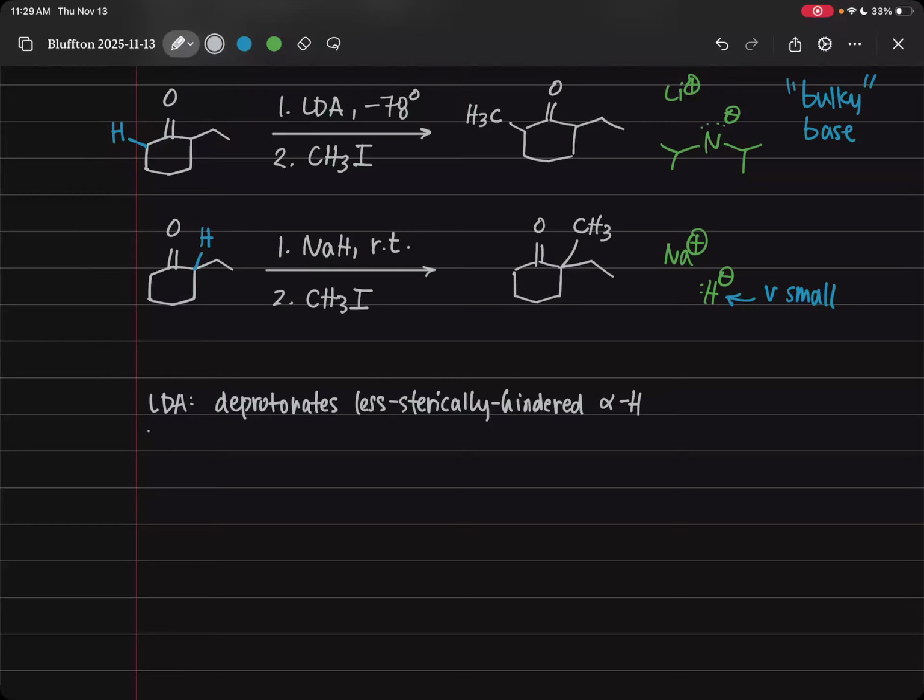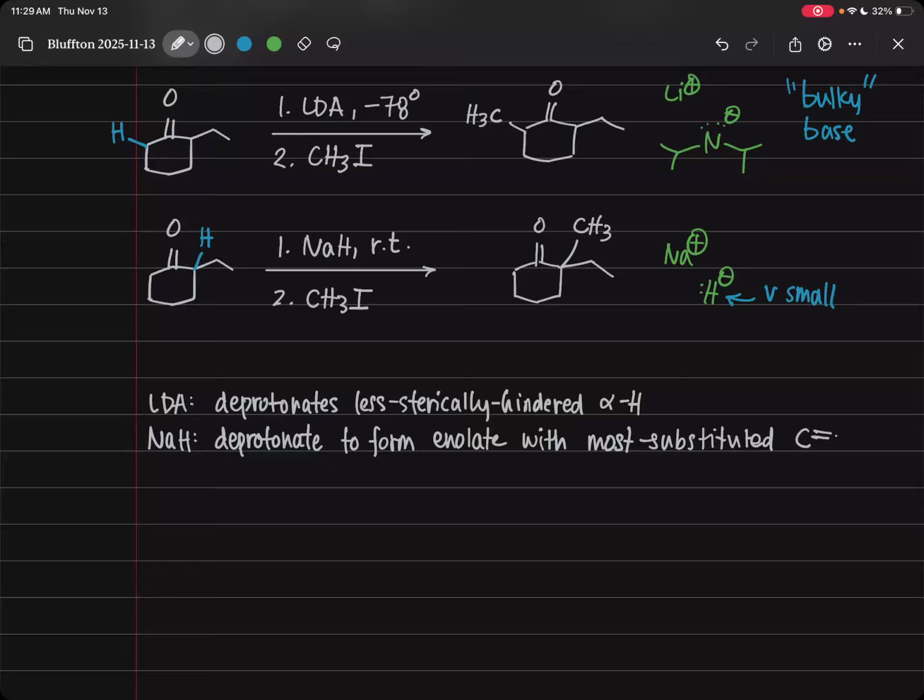Sodium hydride is going to deprotonate to form the enolate with the most substituted carbon-carbon double bond.